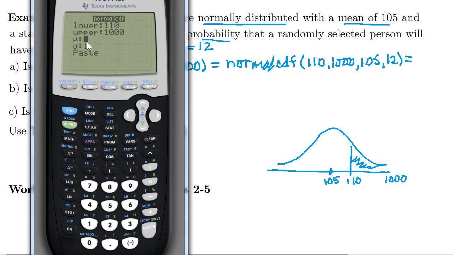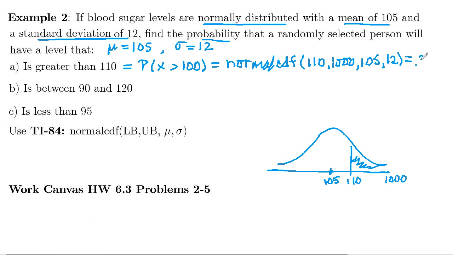And then we have to update our mean to 105 and our standard deviation to 12. So 0.3385. And that's what this area is, 0.3385.